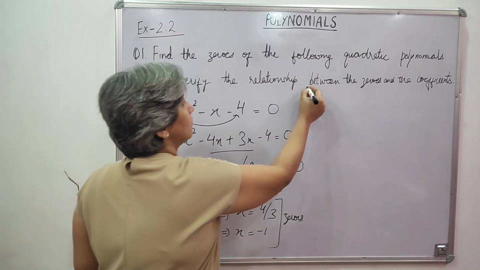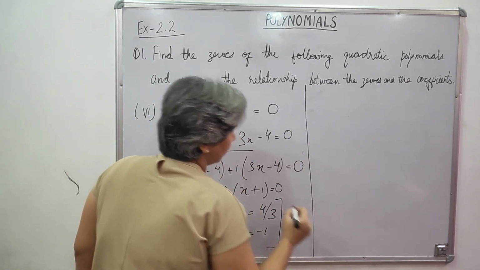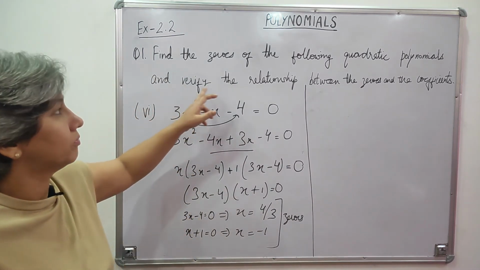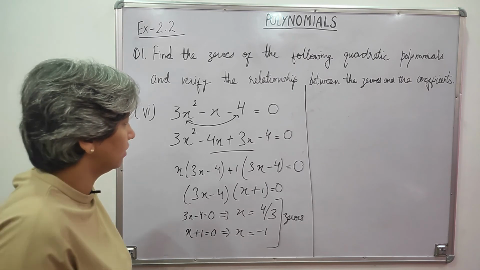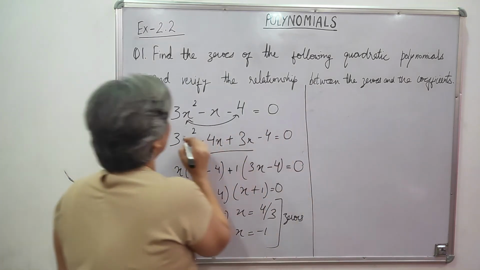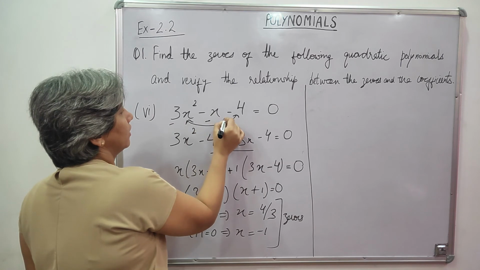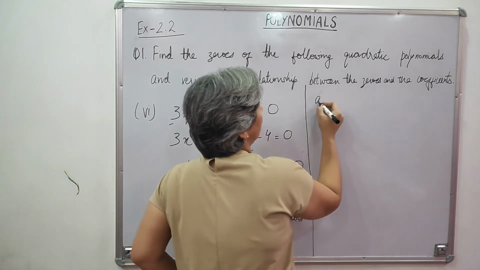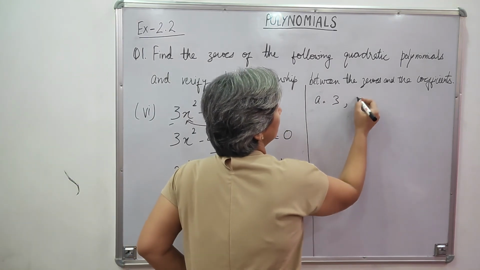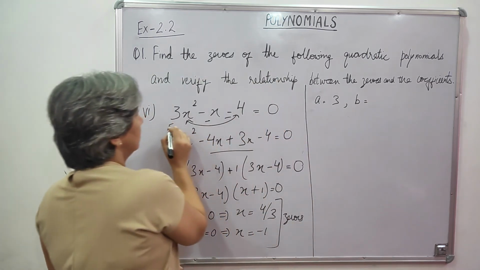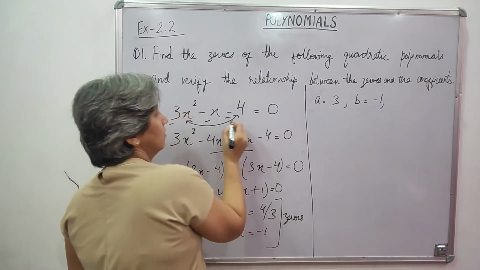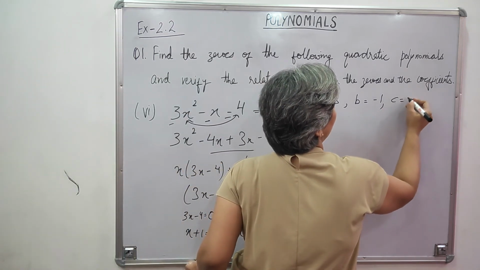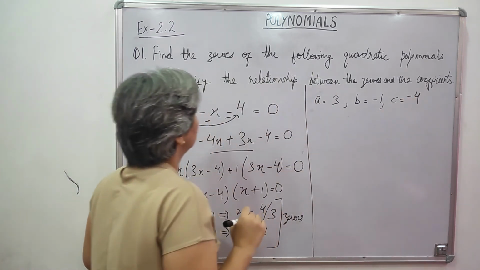So these are our zeros. Now let's find the relationship, verify the relationship between the zeros and coefficients, right? So we know, first we'll find out the coefficient, 3, minus 1 and minus 4. A is 3, B is minus 1 and C is minus 4, right?